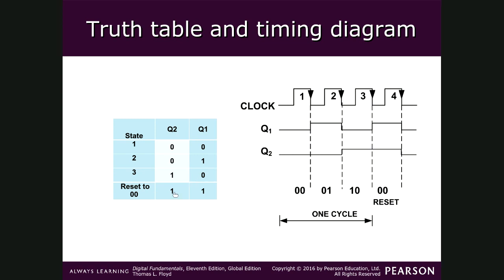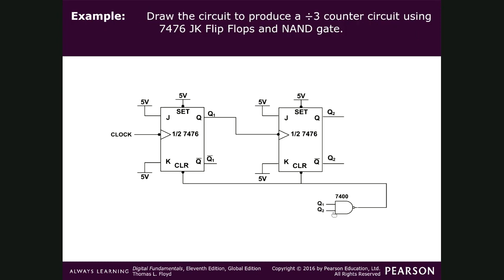So we want to reset 1 1 to 0. For that reset you can use a NAND gate. If you give 1 1 here, then you will get 0 here, so that will reset the flip-flop. This is called a mod 3 counter, divide by 3 counter.